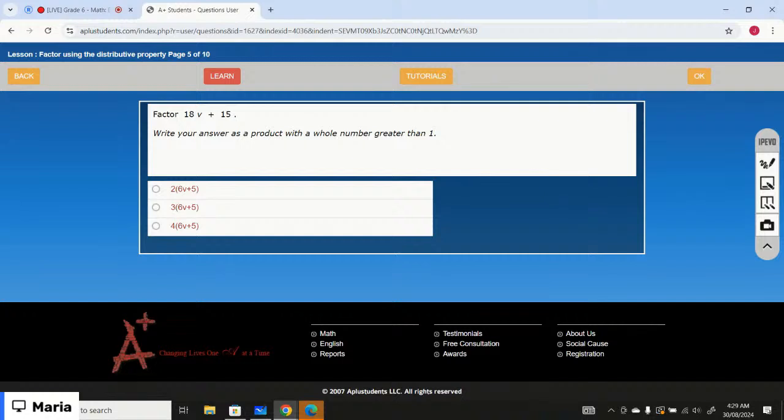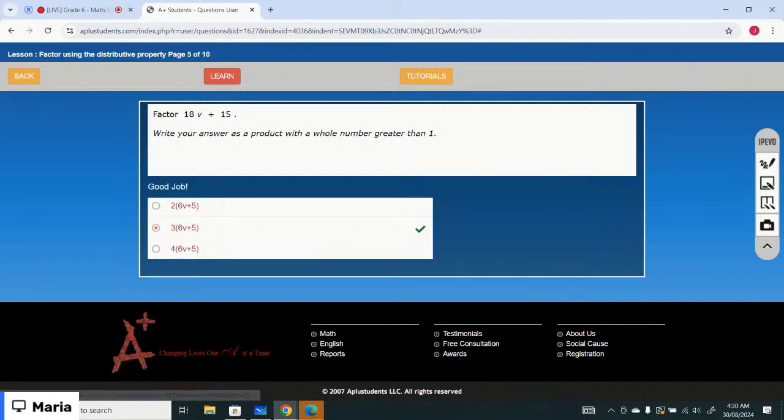Okay, factor 18v plus 15. Which is the correct option? The correct option is option number 2, that is 3 times 6v plus 5 is the correct option.